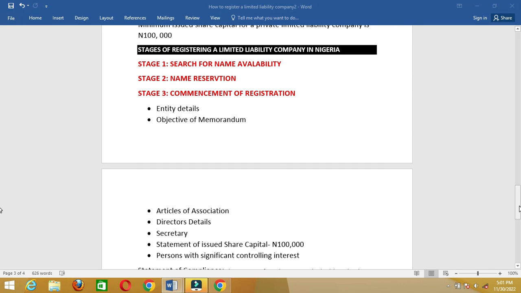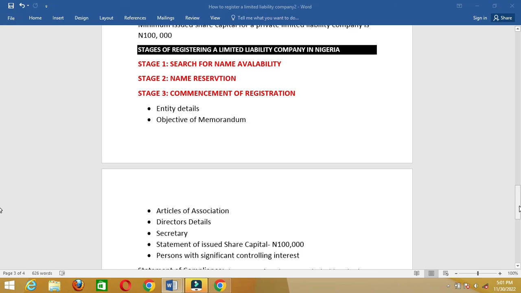It is very simple. The third stage is commencement of registration. But before then, let me say more about name reservation. Name reservation entails you submitting your proposed name to CAC for them to review and approve.